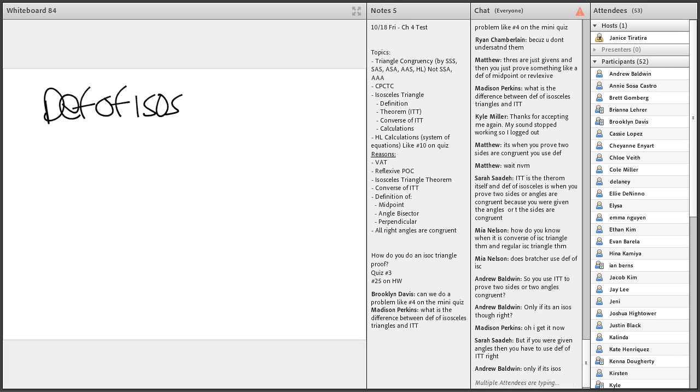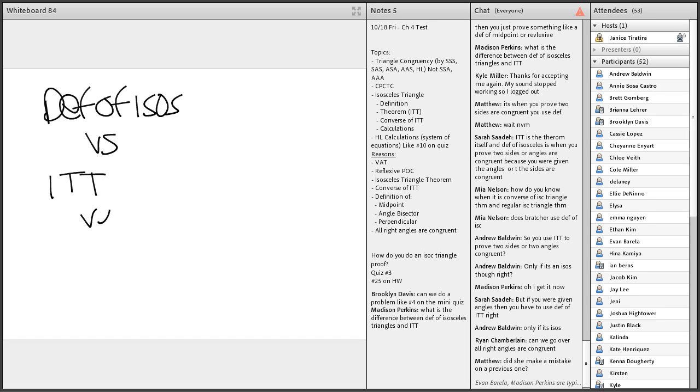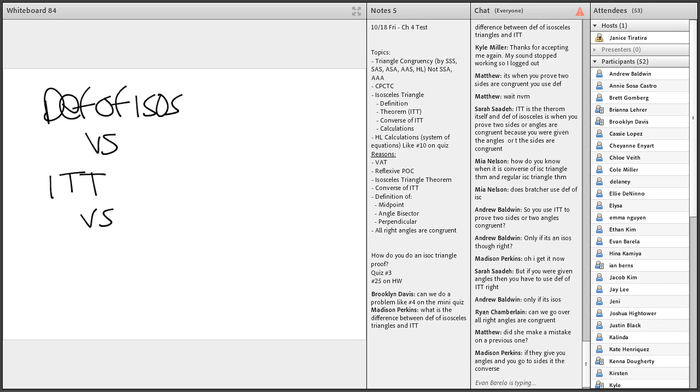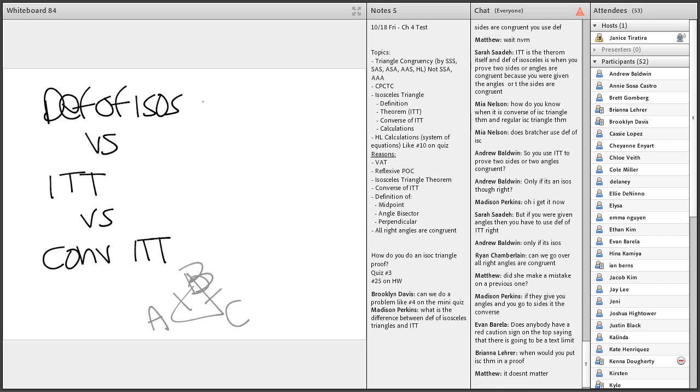So I'll write it all down here again. ITT versus converse of ITT. So given this picture, A, B, C, these two are congruent. Definition of isosceles would just say two sides congruent.